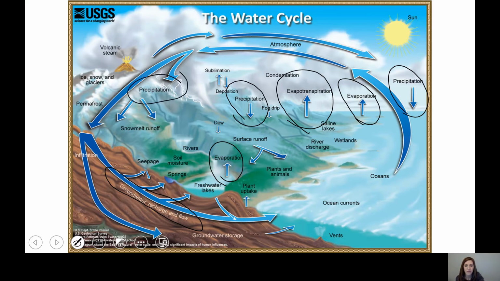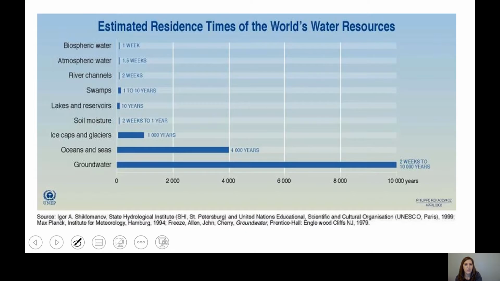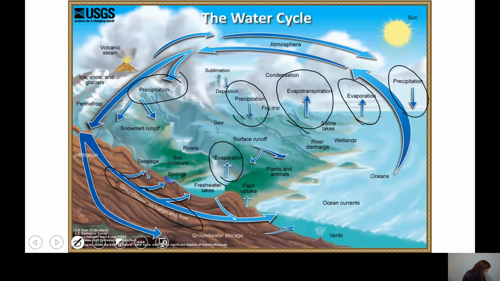But there are a few things we haven't talked about yet, and those are surface runoff and river flow. So that's what I wanted to talk about right now. When precipitation falls, sometimes the water will soak into the groundwater, stay in the groundwater, or flow out via groundwater flow.